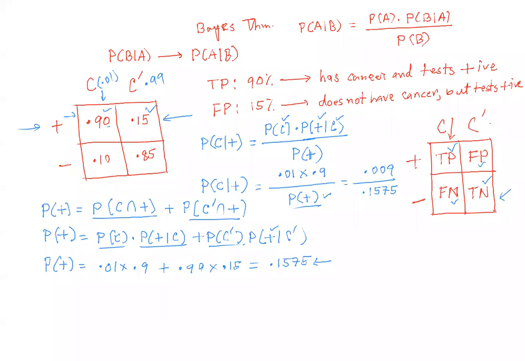If you simplify this number, you get 0.009 divided by 0.1575. That gives you approximately 0.057, or roughly about, I would say, 6% chance. There is about 6% chance that a person will have cancer, given that the person tested positive.